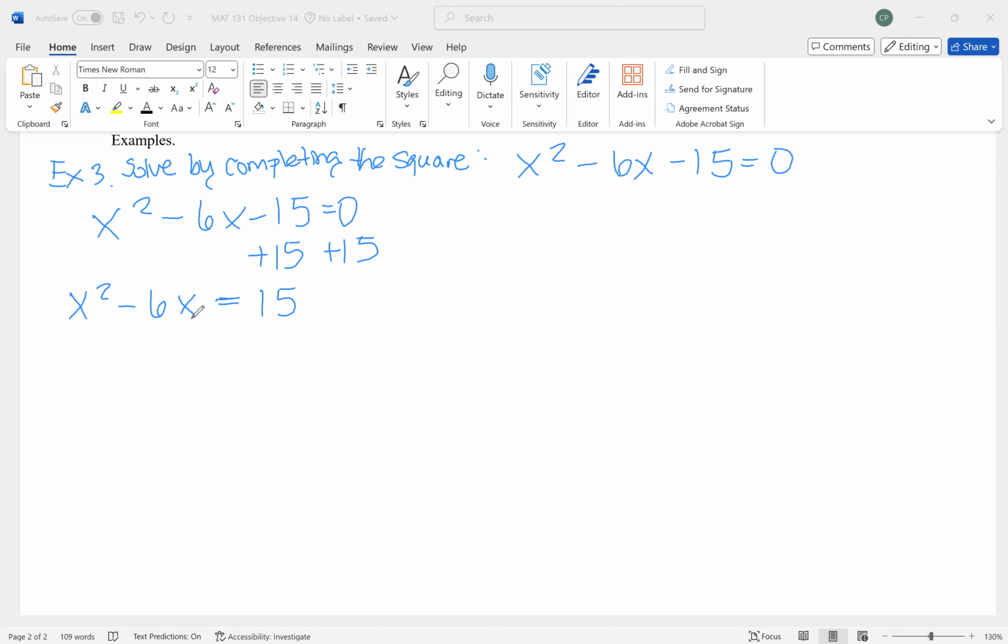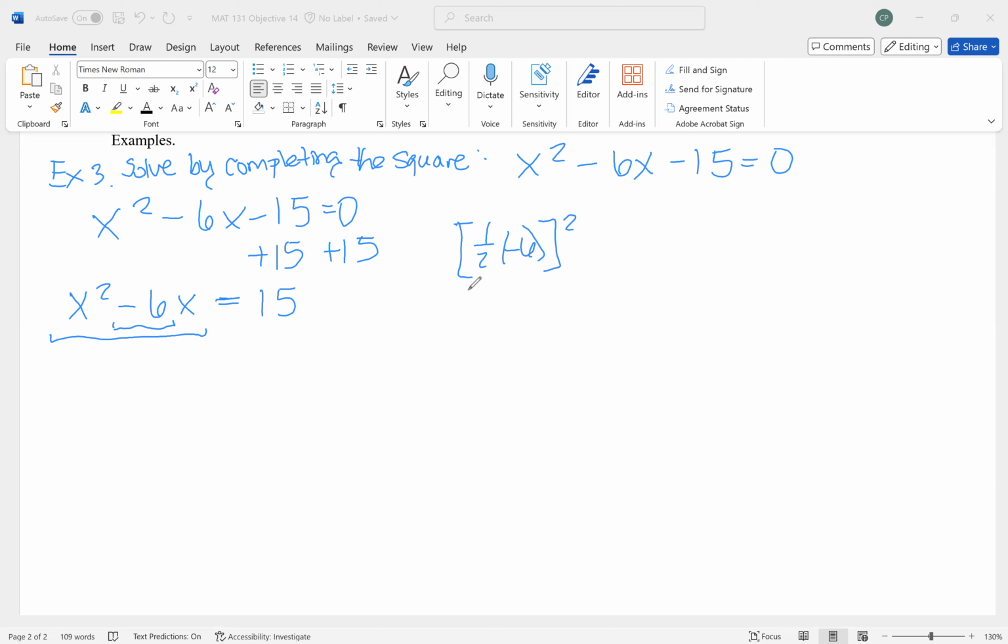Now we need to complete the square. So we want to look at this side, and we want to think about how we're going to complete the square, okay? So we need to do 1/2 times the coefficient of x. The coefficient of x is -6. So over here, I'm going to write this out. 1/2 times -6 squared.